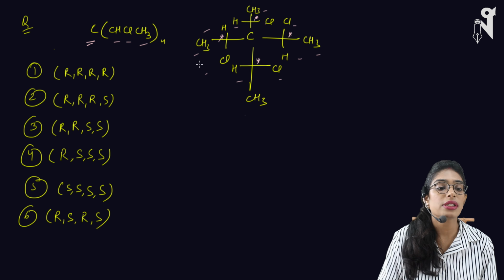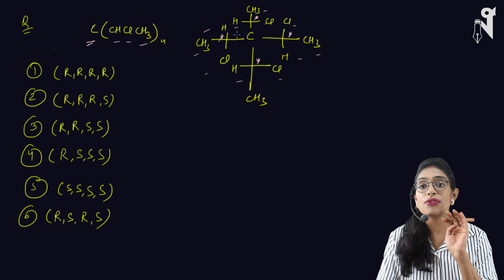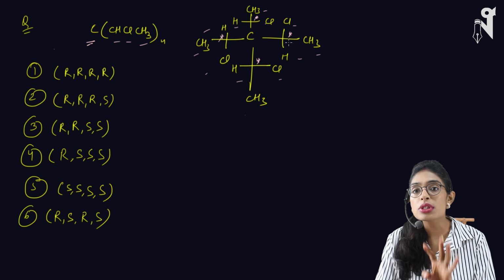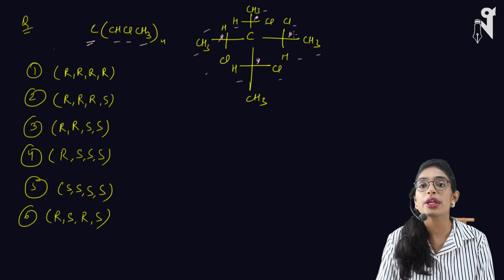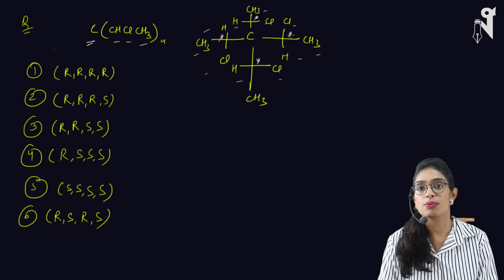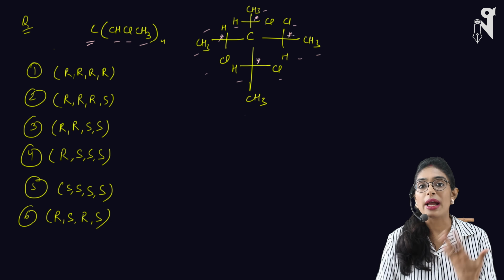Now, since these have been represented by a cross, these are 4 chiral carbons, so 4 stereocenters, and individually they can show both R and S configuration. So what different possible isomers are there?